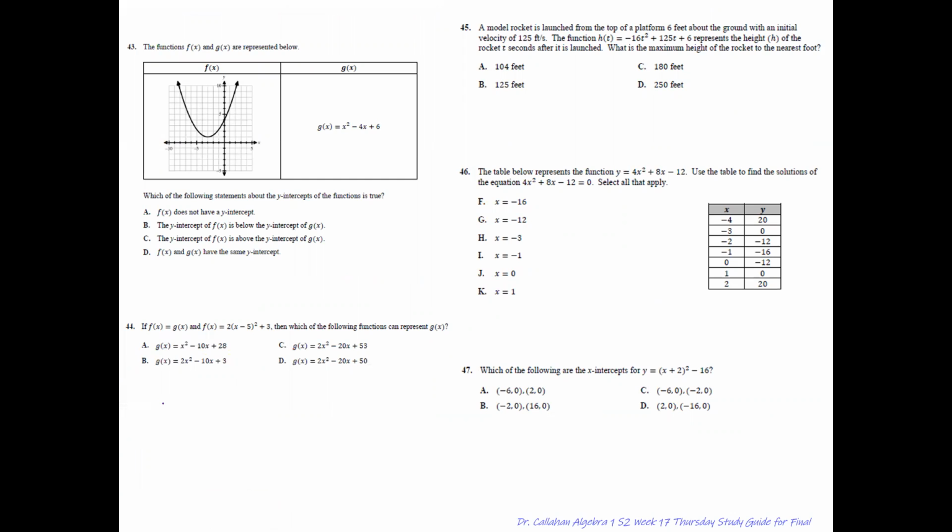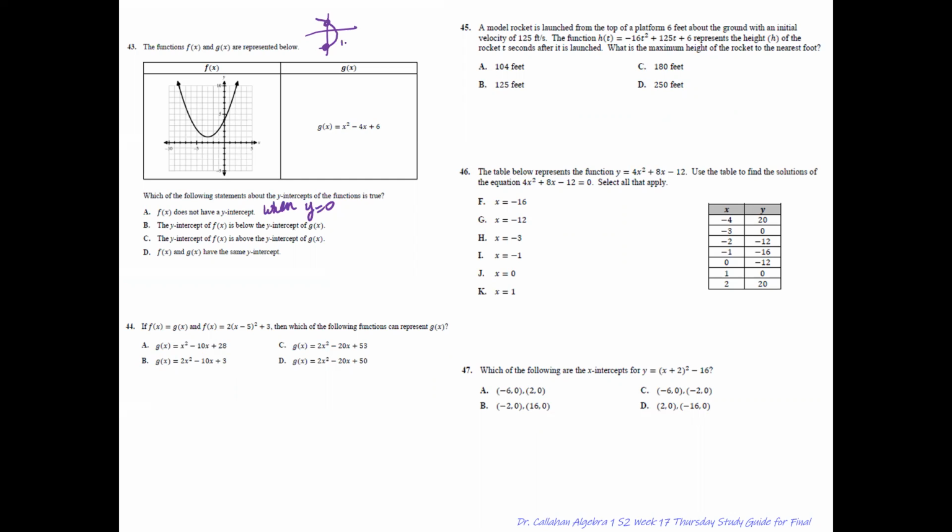Let's go on to number 43. Which of the following statements about the y-intercept of the graph is true? It says f does not have a y-intercept. A y-intercept is when x equals 0, where the graph crosses the y-axis.